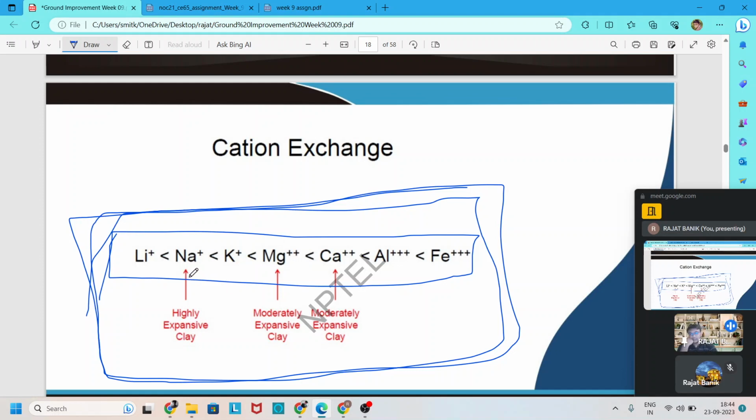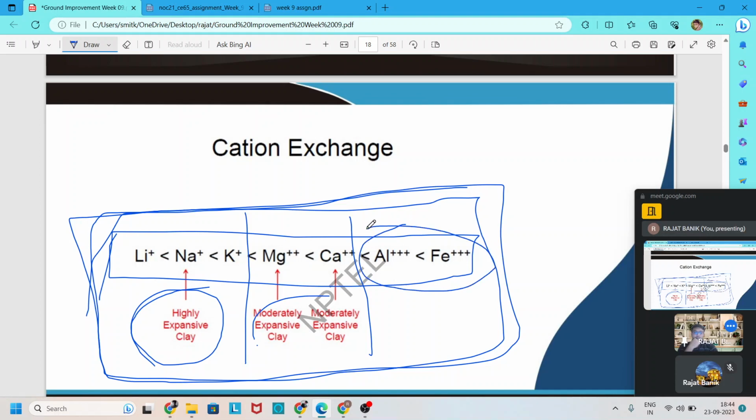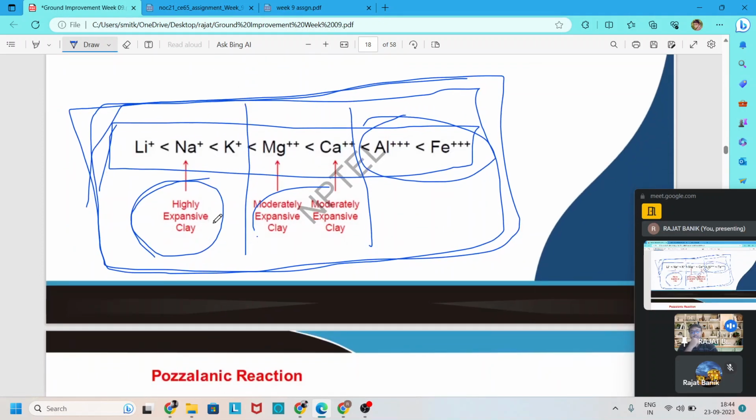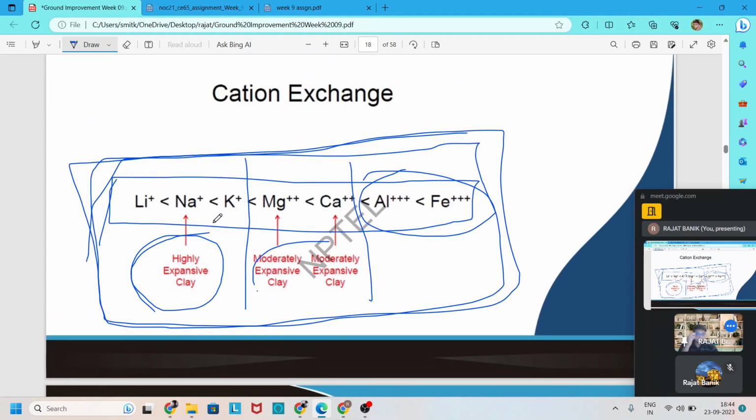It is also said that up to this portion is highly expansive clay, up to this portion is moderately expansive clay, and this portion is low expansive clay. So by this cation exchange, we can identify whether these clay minerals are highly expansive, moderately expansive, or low expansive.